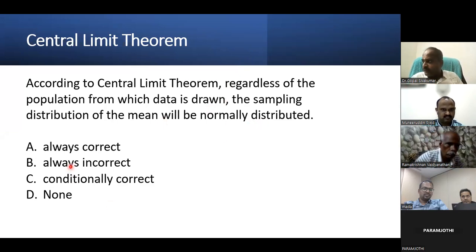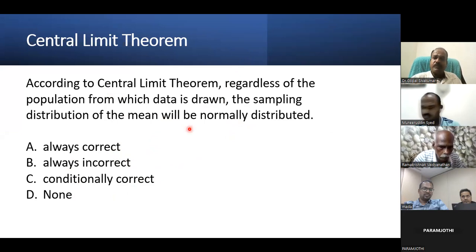Now you have some options: always correct, always incorrect, conditionally correct, and none. If you read the central limit theorem, you will realize this theorem will be true only when the number of samples is sufficient. Do you understand what I'm telling?